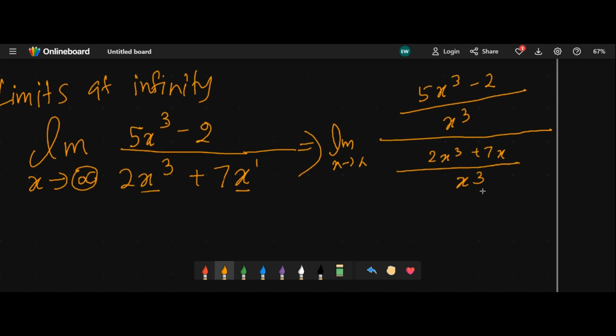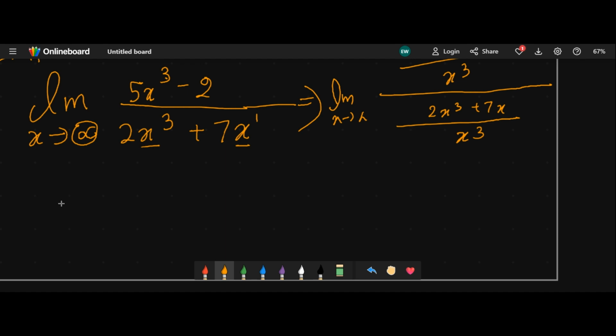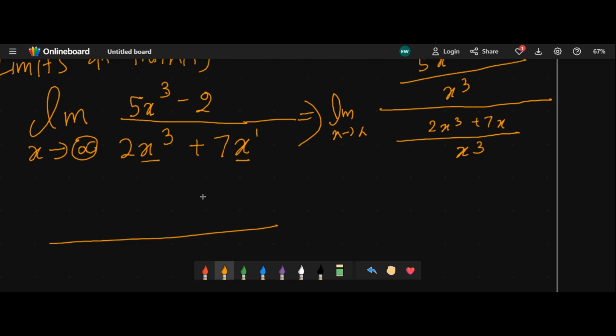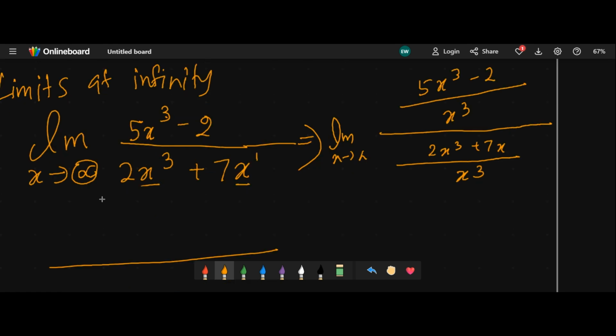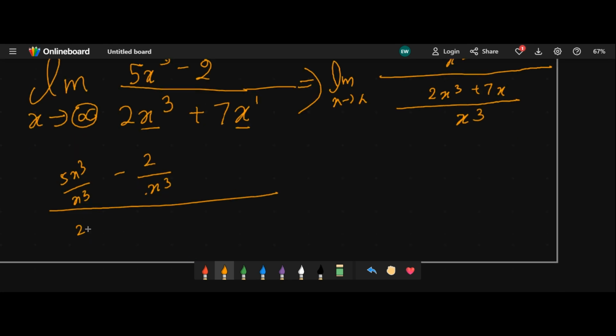If you divide, you can separate this: 5x cube divided by x cube minus 2 divided by x cube, and 2x cube divided by x cube plus 7x divided by x cube.